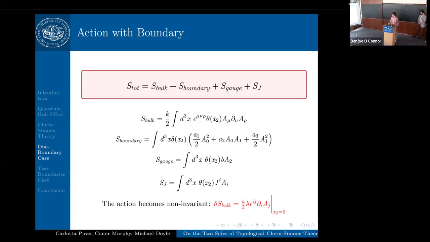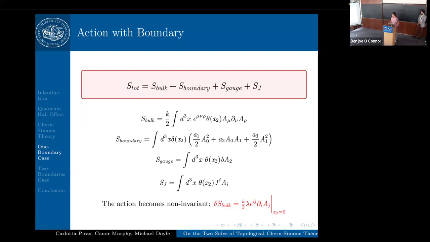Next is a boundary term, where these A1, A2, and A3 are just dimensionless coefficients. Now, this type of boundary term was actually first introduced by Symanzik in order to get the most general boundary conditions. Next, we have a gauge fixing term. We do have a gauge theory here, so we do need to fix our gauge in order to avoid certain infinities in our quantum field theory.